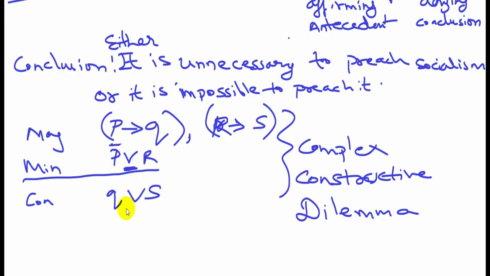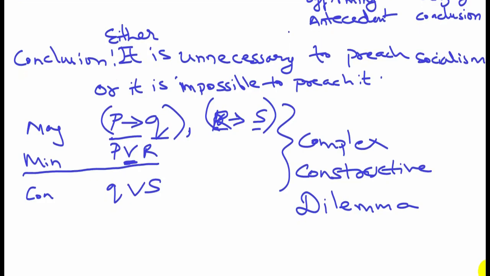The antecedents and the consequences are separate propositions. It is symbolically represented like this. Now let us look at the traditional form also of this.